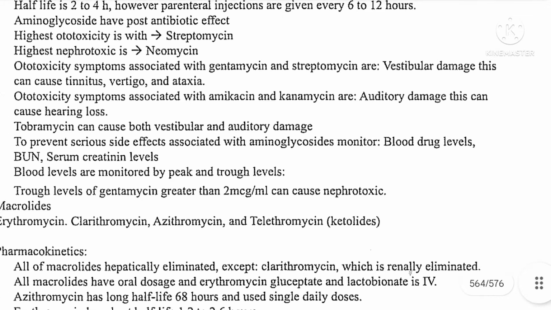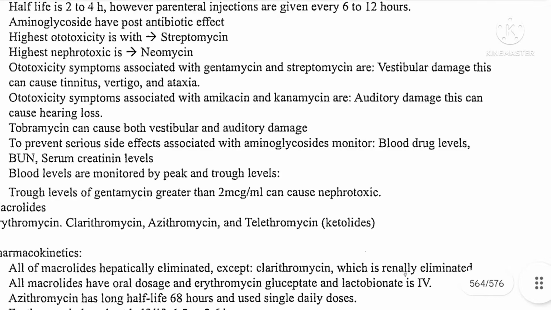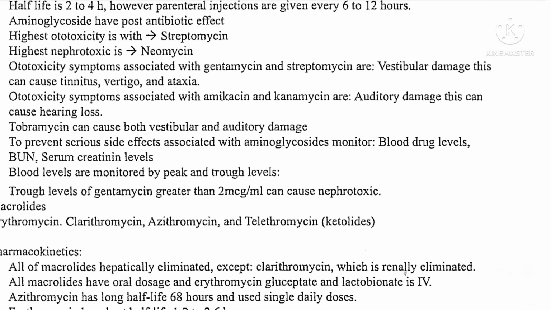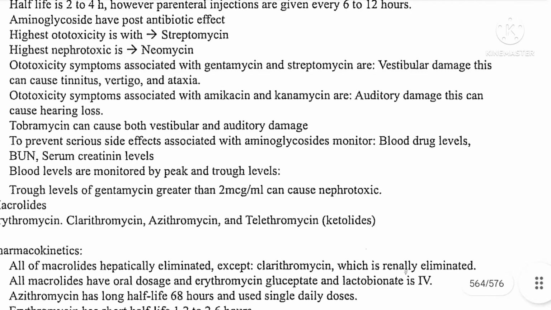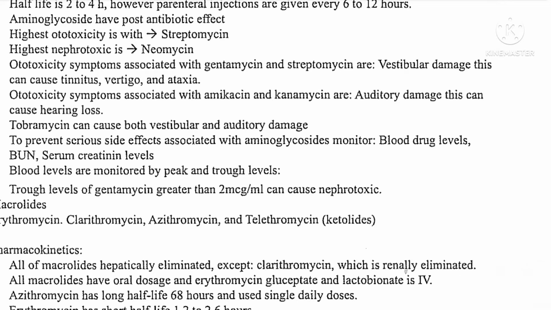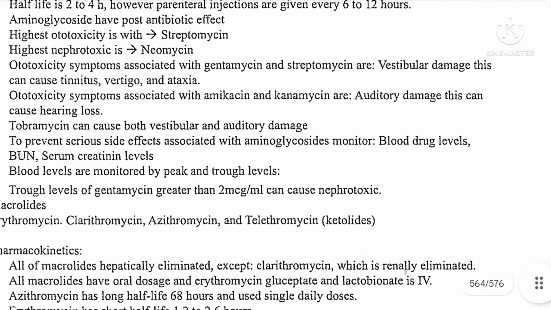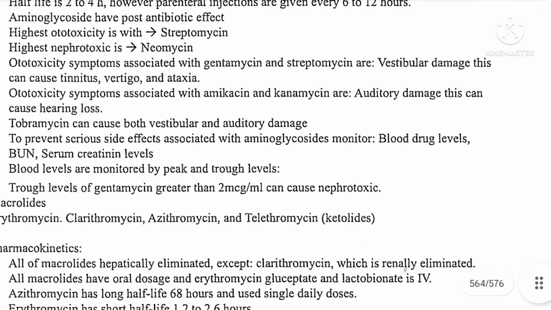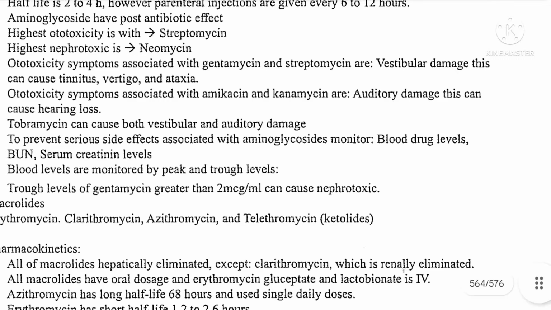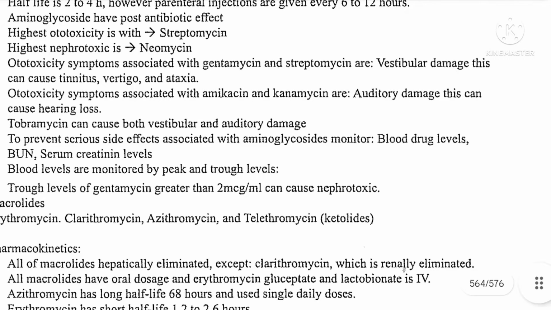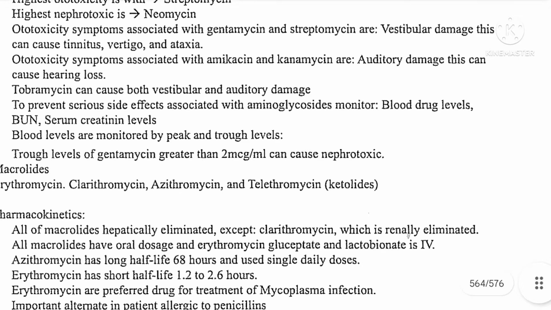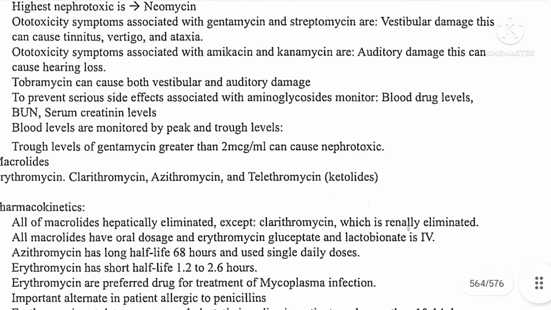So here you can see the two types of ototoxicity symptoms, vestibular damage and auditory damage. The vestibular damage is caused by gentamicin and streptomycin, and auditory damage is caused by amikacin and kanamycin. Next, tobramycin can cause both vestibular and auditory damage.